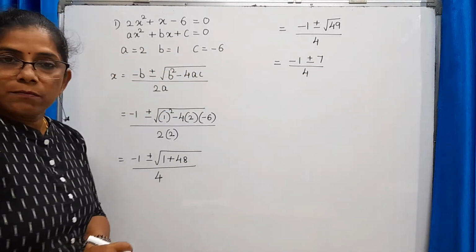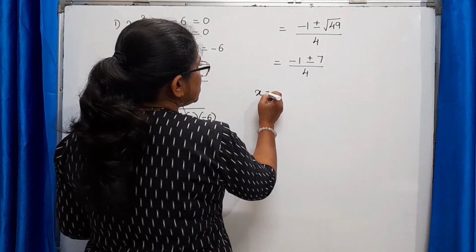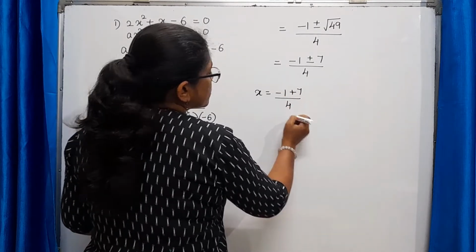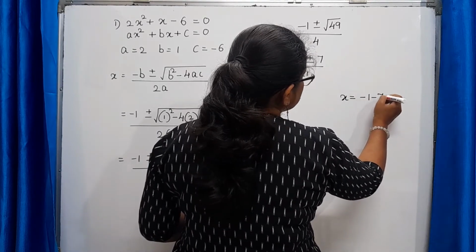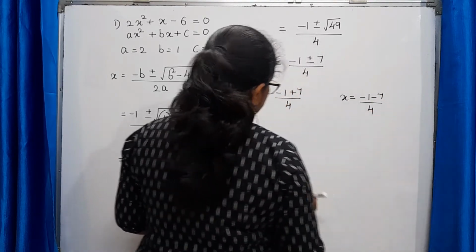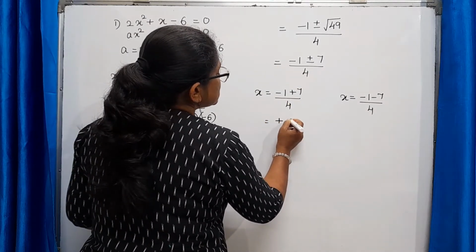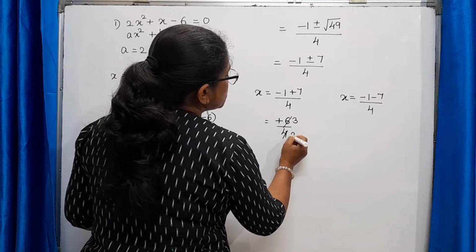Now we have to find the x. How? Here one value is minus 1 plus 7 upon 4 and the second root is minus 1 minus 7 upon 4. Minus 1 plus 7 is plus 6 upon 4. 2 3s are 6, 2 2s are 4.